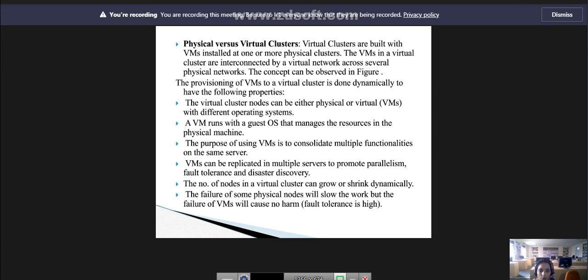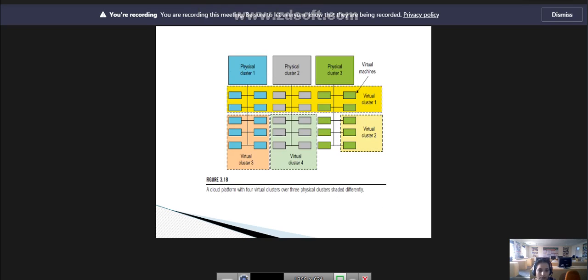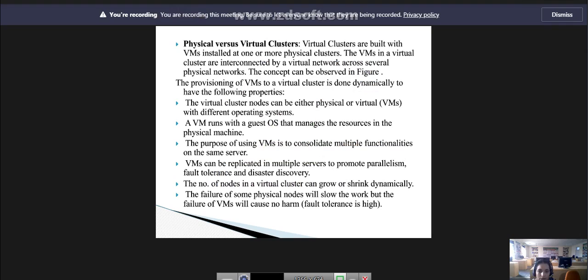Virtual cluster nodes can be either physical or virtual machines with different operating systems. The purpose of using virtual machines is to consolidate multiple functionalities on the same server, and virtual machines run with a guest operating system that manages the resources in the physical machine.